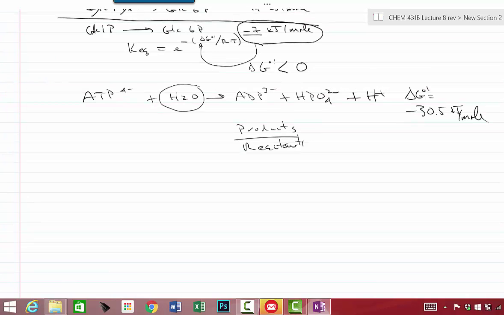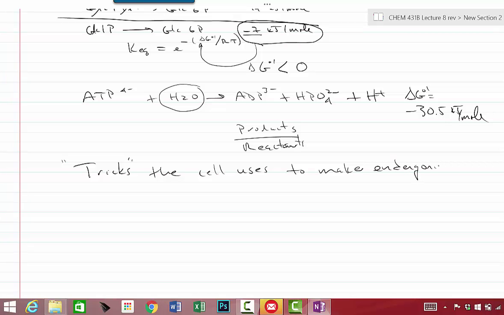I want to go over what I call tricks that the cell uses to make endergonic reactions go forward.